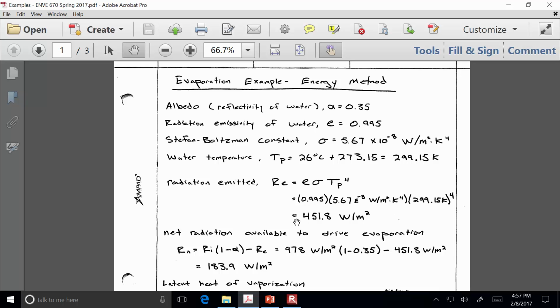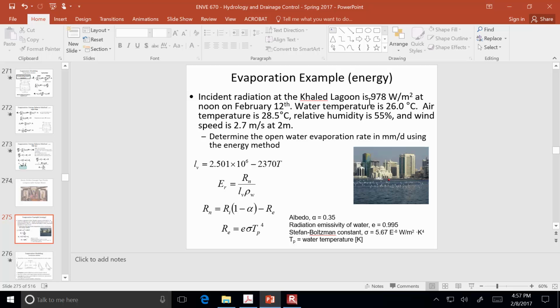So you already can get a sense that a good fraction of the incoming solar radiation isn't going to be available to actually drive evaporation because so much of it's being emitted, 452 watts per square meter, out of 978 watts per square meter of radiation coming in.